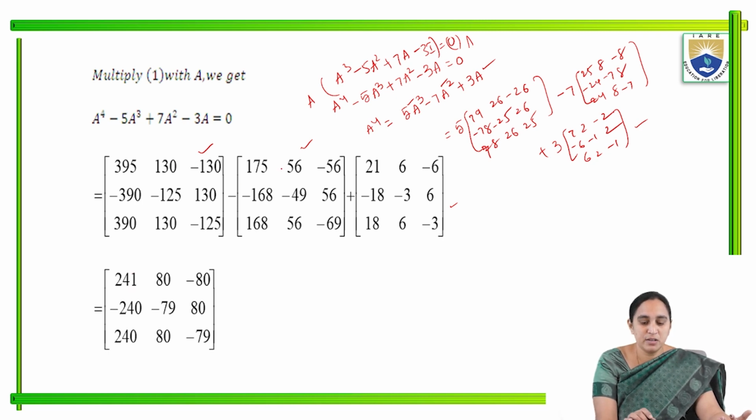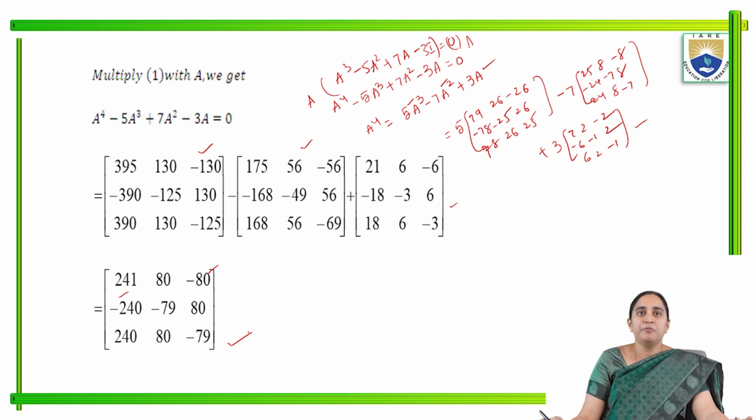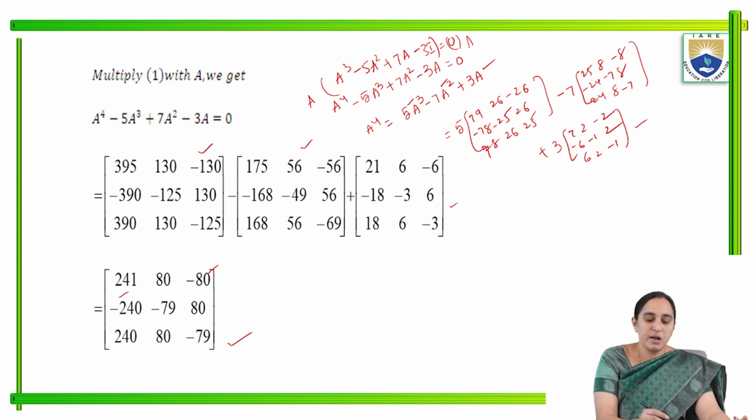The next one is 130 minus 56 plus 6, that is 80. The next one is minus 80, and similarly minus 390 plus 168 minus 80. Similarly, we add each and every element in the three rows with the corresponding three matrices, and we get A power 4. This is the required matrix for A power 4.